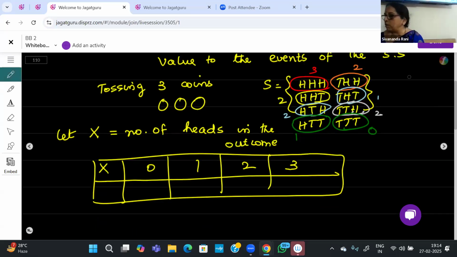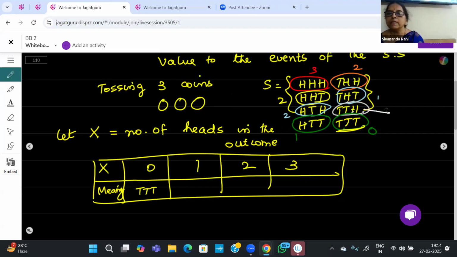But you know what? Every number signifies an outcome. There is an outcome or a sample point associated with it. For example, when X is 0, there is only one sample point that we can think of, which is TTT. But when X takes the value 1, I know number of heads is 1, but how many sample points are here? I think I made a mistake here. It is actually 1 head only.